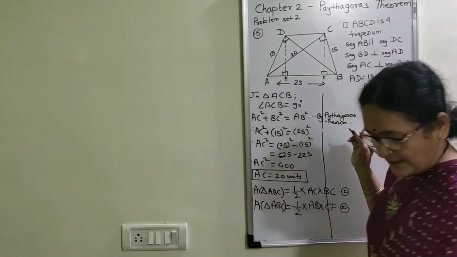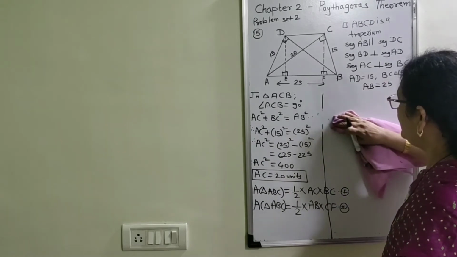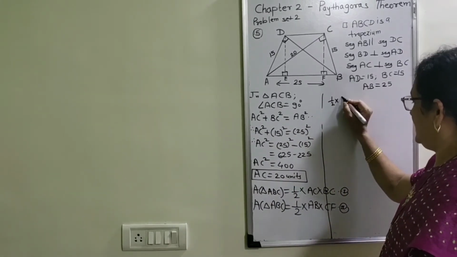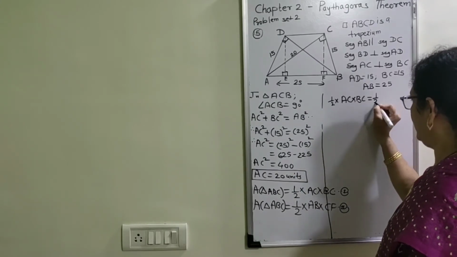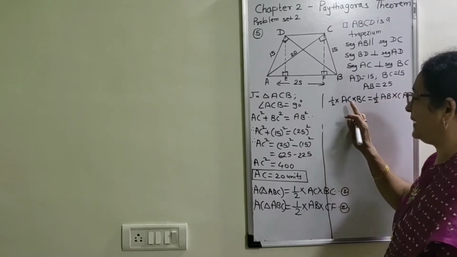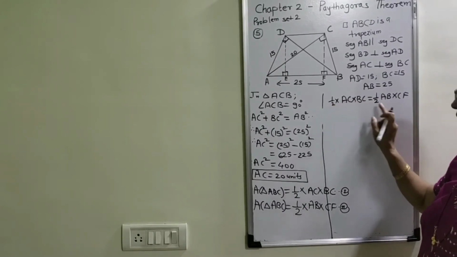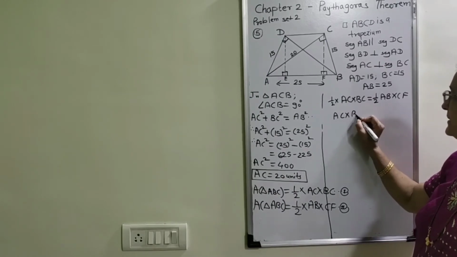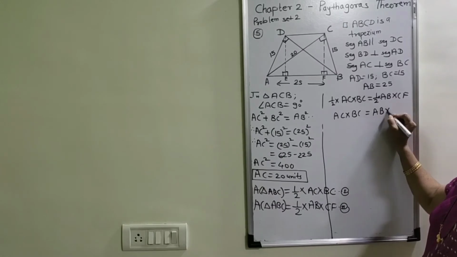From 1 and 2 I will get 1/2 AC into BC is equal to 1/2 AB into CF. Formula of area of the same triangle in two different ways. 1/2 is common, gets eliminated. AC into BC is equal to AB into CF.